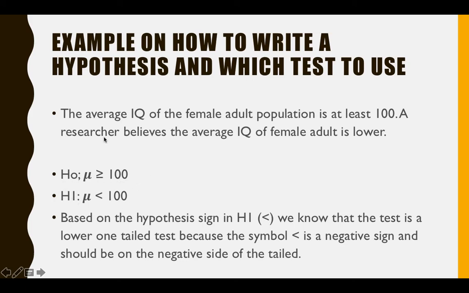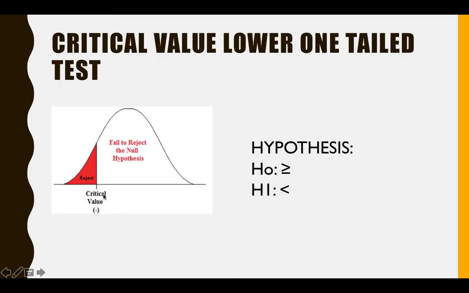So which test should you use for this type of hypothesis? Again, refer to your alternate hypothesis, the sign used for your alternate hypothesis. So the sign used here is less than. So if you refer back, if you have an alternate hypothesis with a sign of less than, the test should be a lower one-tailed test.